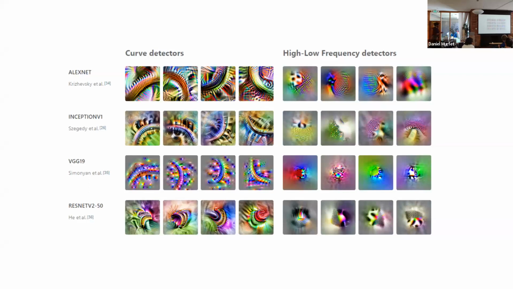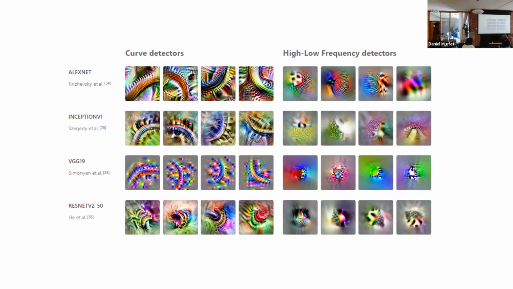So in this figure, what's going on is we're doing feature visualization of early layer neurons in various vision models of somewhat different architectures, and we find that qualitatively they all look kind of similar.